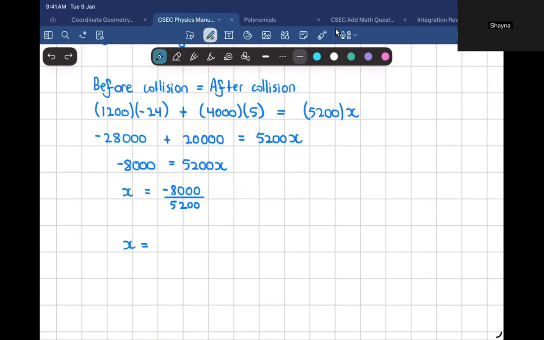Minus 1.69. Minus 1.69, and that'll be meters per second, right? Yes, sir. Okay. Because of the sign, it tells us that the final velocity is going to be in what direction? East. Right.